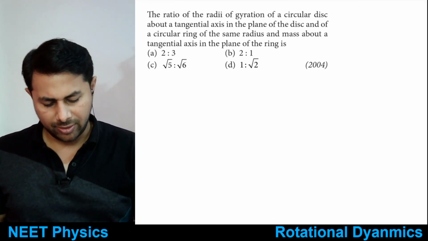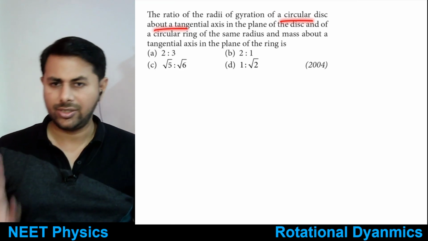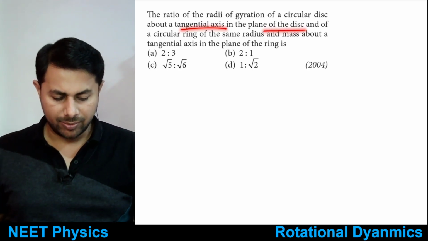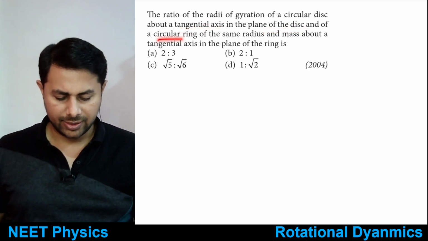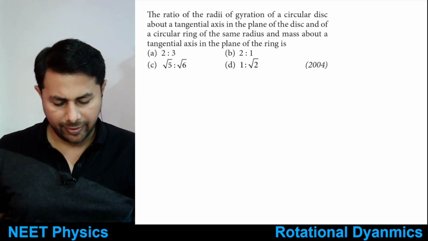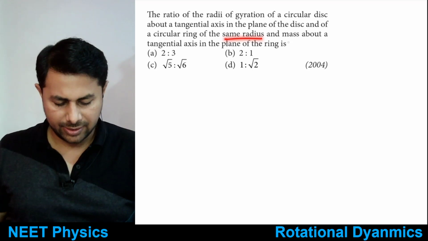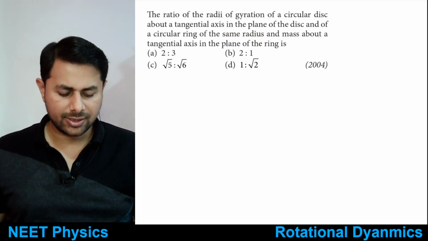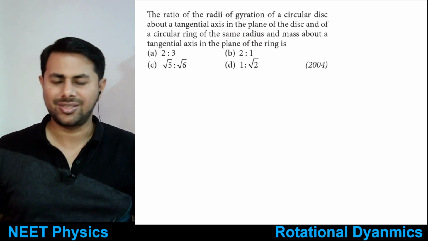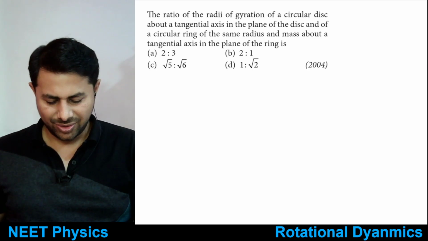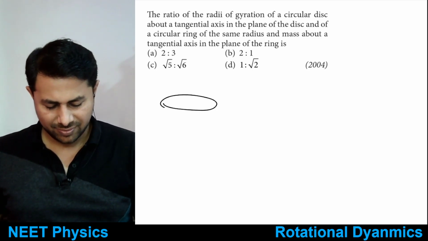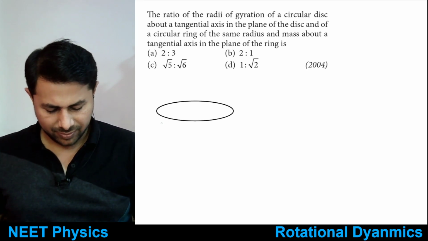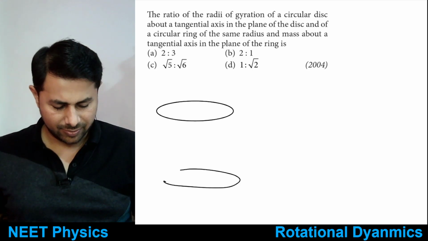The ratio of radii of gyration of the circular disc about tangential axis. This is different. Tangential axis in plane of the disc and circular ring of the same radius and mass about the tangential axis in plane of the ring is. Okay, so you have a disc like this and you have a ring.